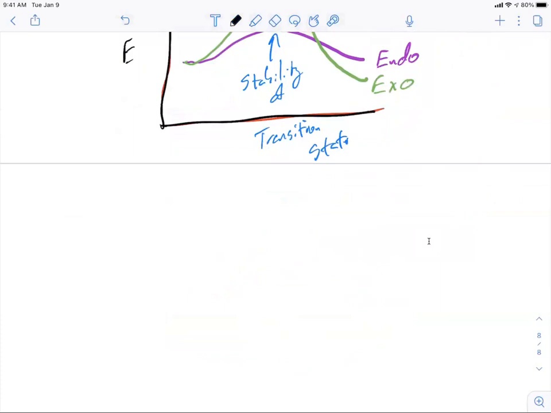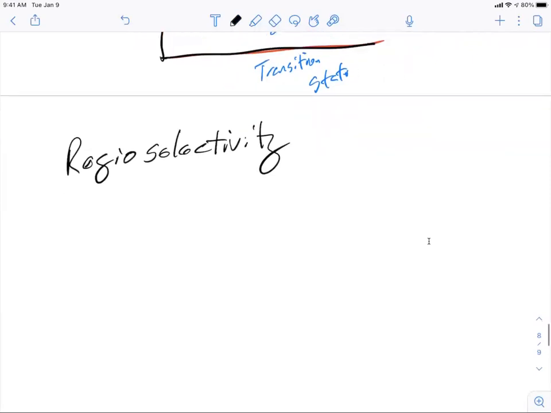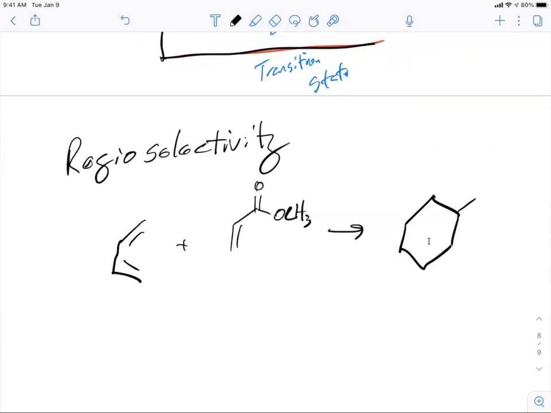Let's cover one more topic. Okay, regional selectivity. So if we think about reacting a symmetric diene with an unsymmetric dienophile, it's going to end up giving us this 6-membered ring, but there's not going to be any change, right?